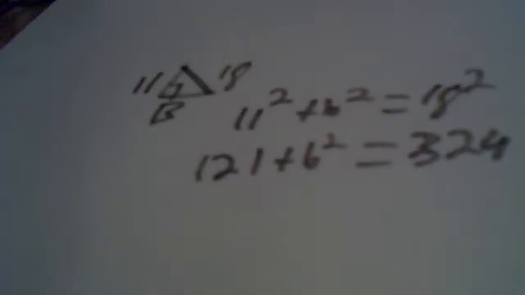Alright, so like we did before, we just plug in everything. 11 squared plus b squared equals 18 squared. Alright. 11 squared is 121. Don't forget that b squared. And 18 squared is 324. We want to get b squared by itself, so we subtract 121 from both sides.